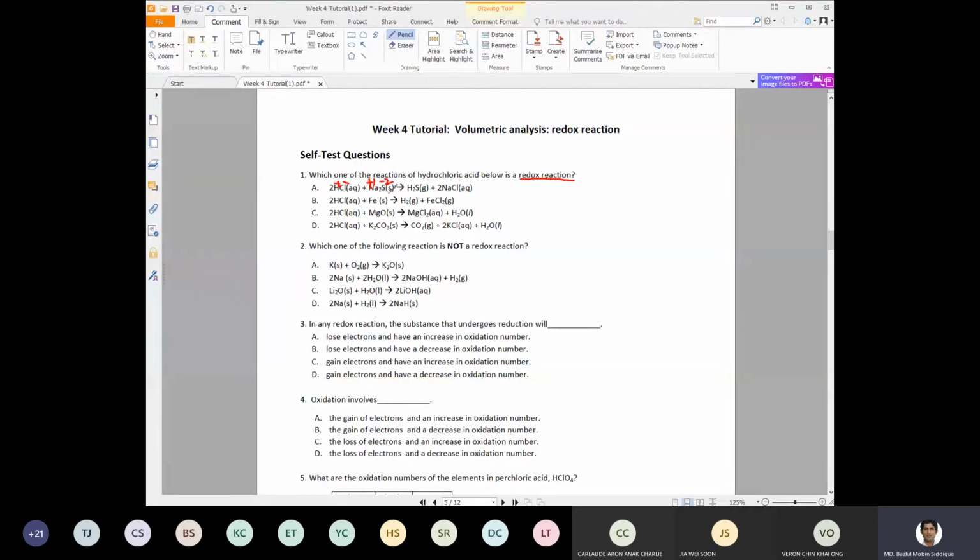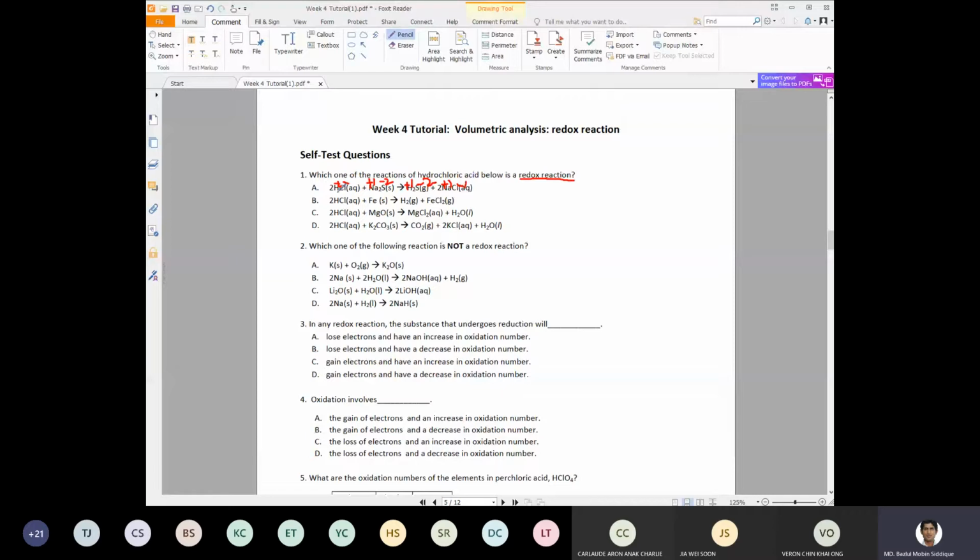In this case, HCl and sodium sulfide produce hydrogen sulfide gas, and still hydrogen is positive 1 and sulfur is negative 2. Sodium is positive 1, chloride is negative 1.